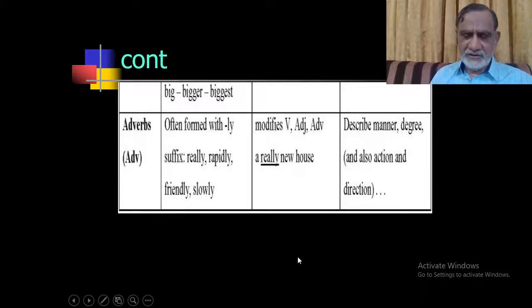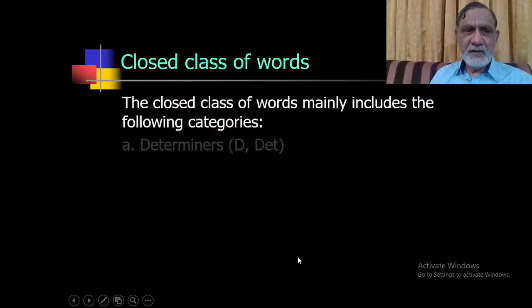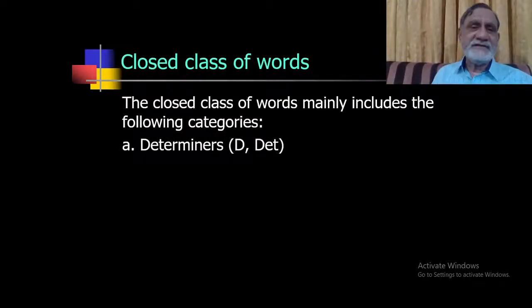This we have already talked about. Now there is a second class of words. Mind you, we are discussing these because we need to make appropriate use of them while arranging them in a sentence, whether it is a clause, a phrase, or a sentence.